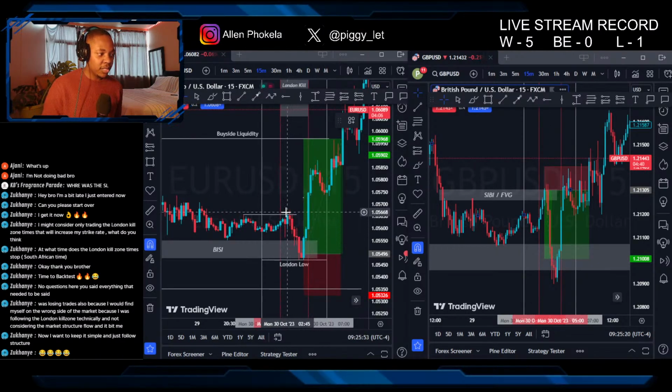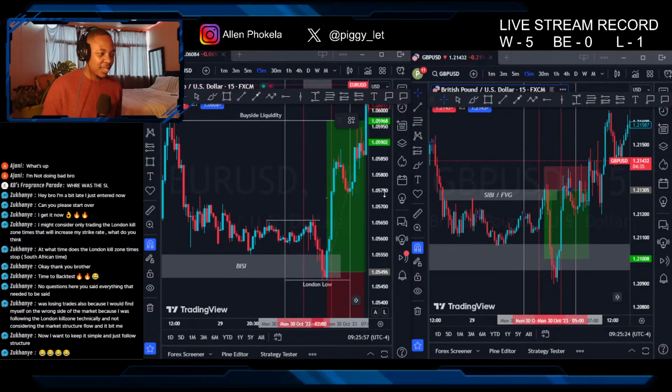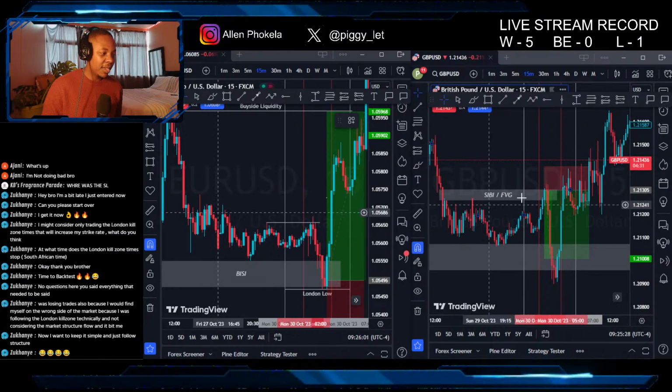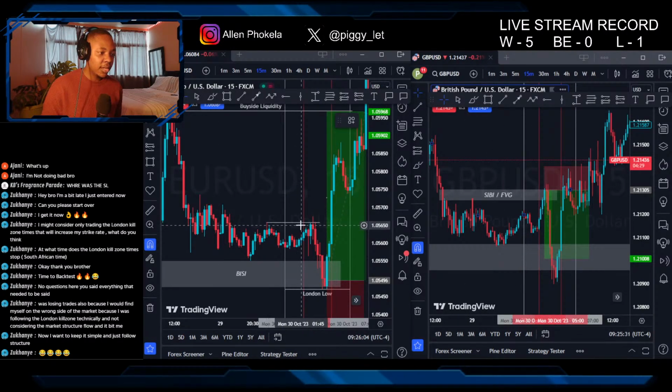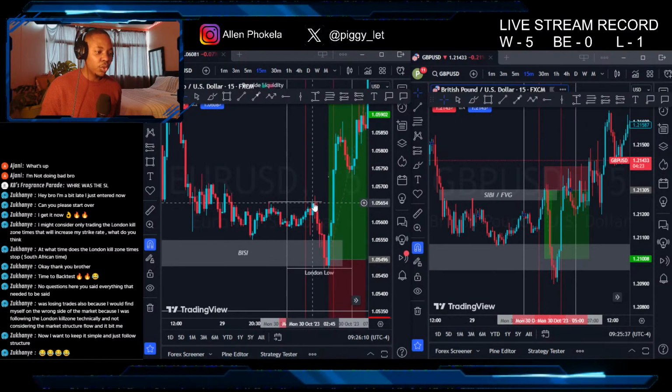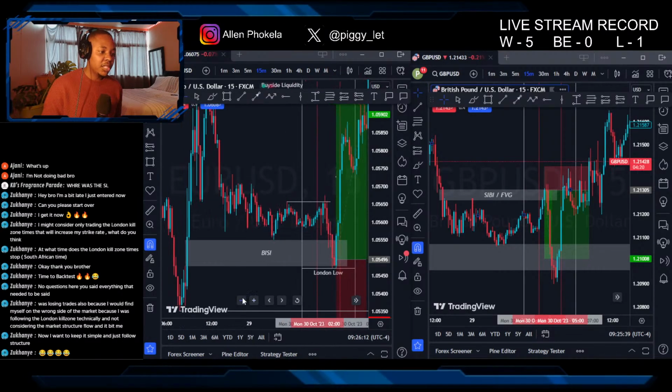The EURUSD, as you can see, failed to actually take it or spike up into this fair value gap here as the GBPUSD did. So you wouldn't want to sell this EURUSD. It just gave you a Judas swing where you can actually take it from, which is this BC here. We went into that BC, that's when you consider the buy.